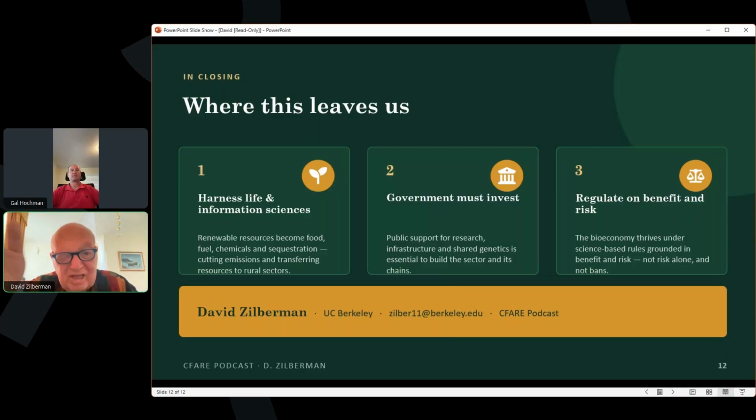So what does this leave us? The bioeconomy is now taking advantage of new life and information sciences and natural resources, and it can be a key for sustainability, both a more economically viable and strong rural sector and control of climate change.